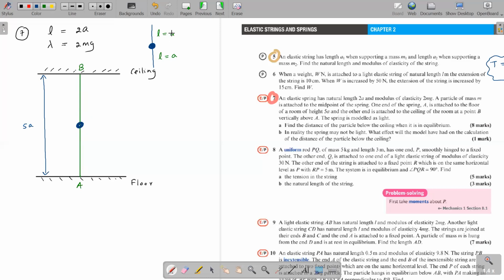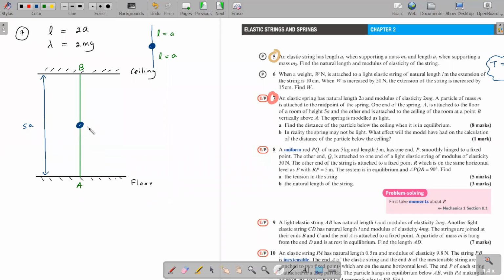Now you take this system, bring it into this room, stretch both sides and attach it to the floor and the ceiling. My question is, we did attach it to the middle of the spring, but now that you're attaching it to the floor and the ceiling, do you expect this particle to be exactly in the middle? No, miss, there is weight. Exactly, the weight will pull this side down.